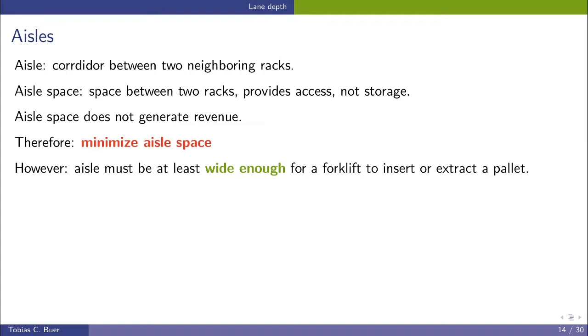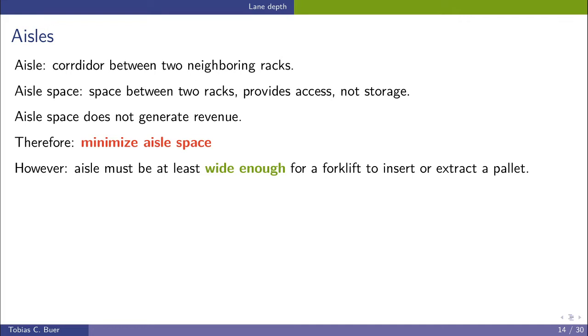Of course, we require the aisle space to have our operations in the warehouse, but the aisle space itself does not generate revenue, and therefore every warehouse operator has some incentive to reduce this aisle space. Reducing the aisle space indirectly means increasing the storage space for the pallets.